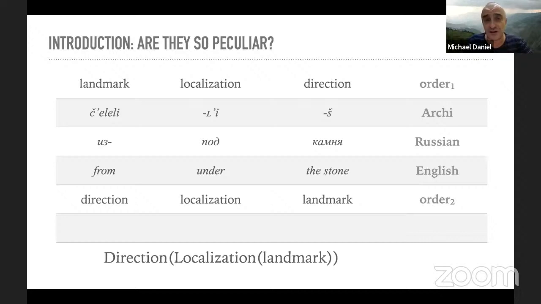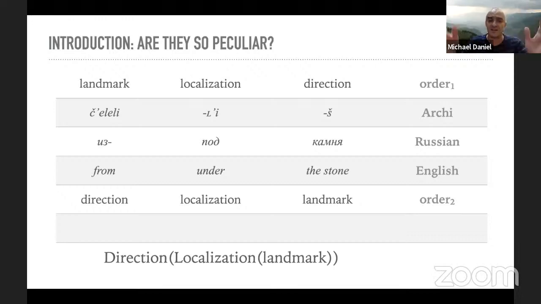But this difference is obviously only apparently unexpected, because if we think back about what localization is and what is the relation of the directional meaning to the localization meaning, you will remember that localization is a spatial domain defined with respect to the landmark. So you can think of it as a function which takes the landmark as its argument. But what the category of directionality takes as its argument is already the spatial domain defined with respect to the landmark.